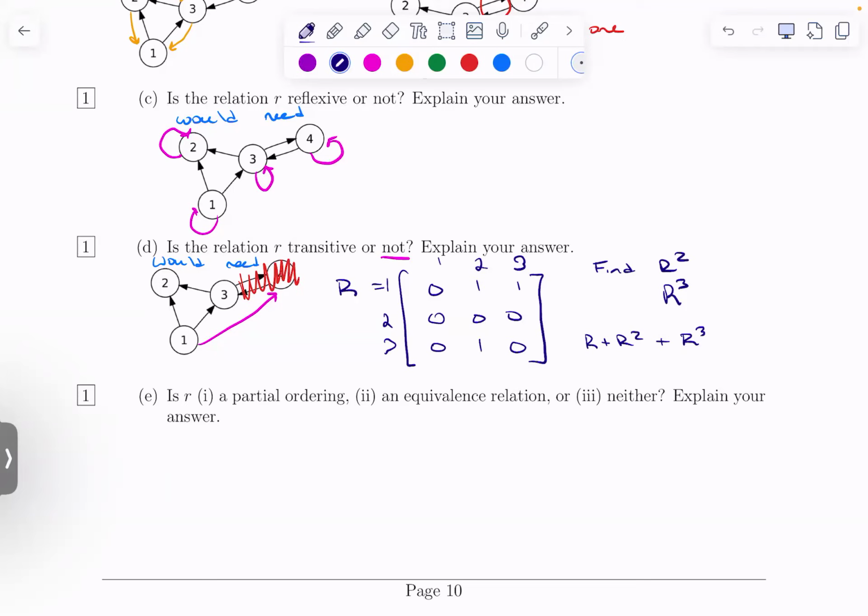As soon as there's a 1 in any spot, it becomes a 1, by Boolean addition. Then, if that's the same as this, which I'd have to do the math, then it would be transitive, right? If there's no value added by adding these. So kind of curious, throw that on there.